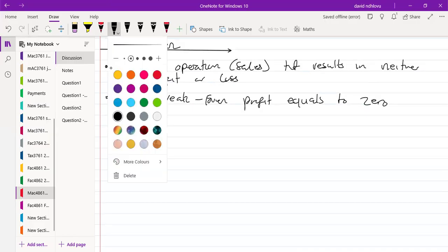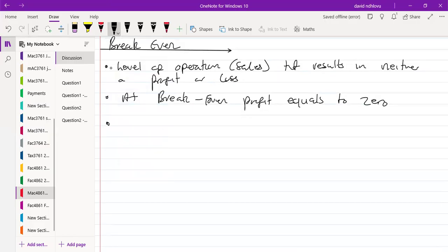Another way of representing break-even could be to say it's at a level where contribution is equal to fixed costs.